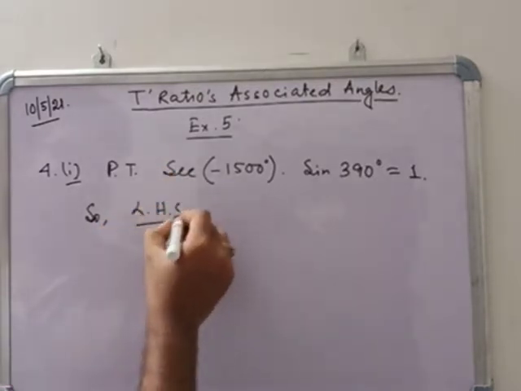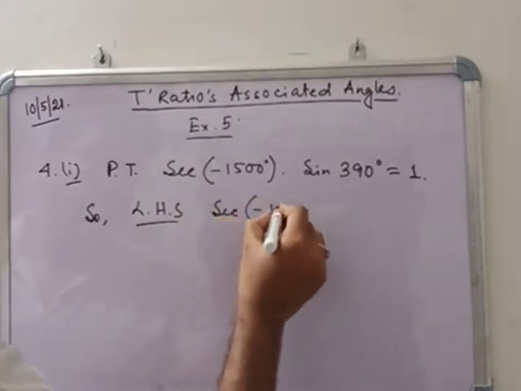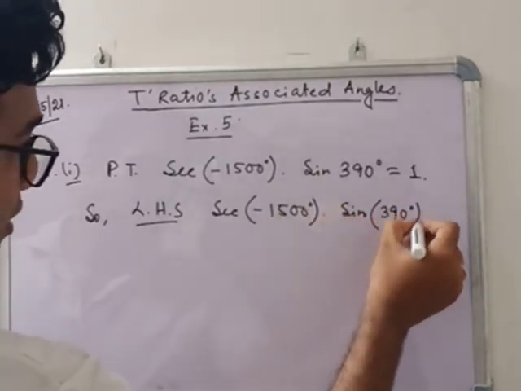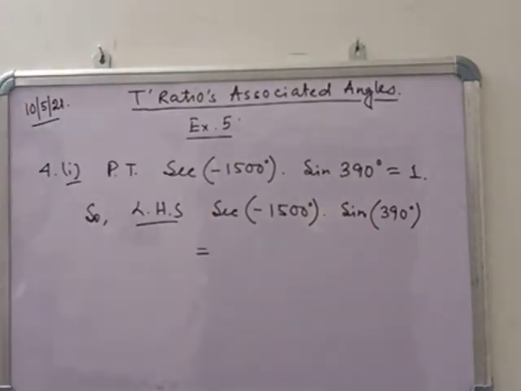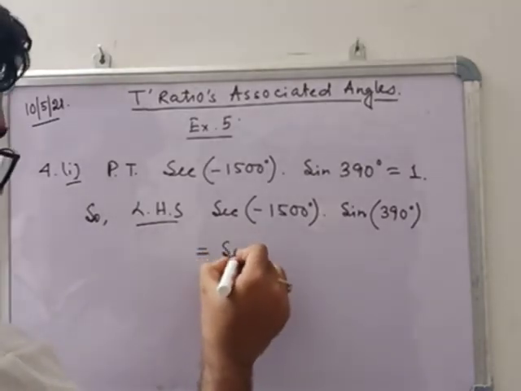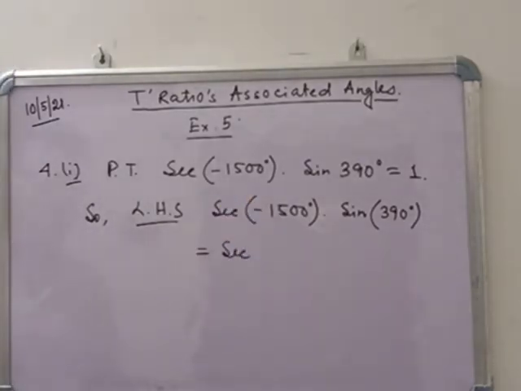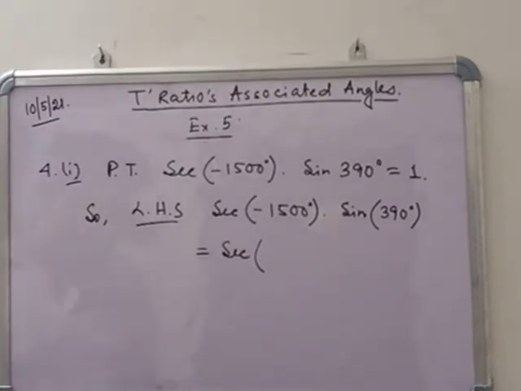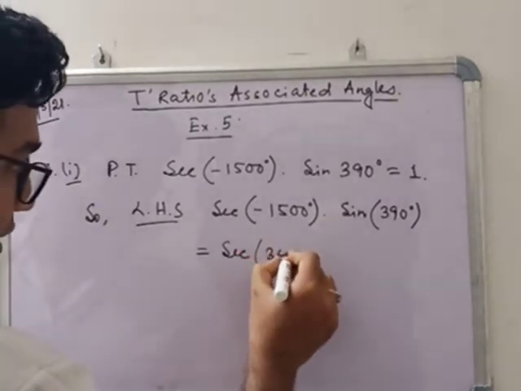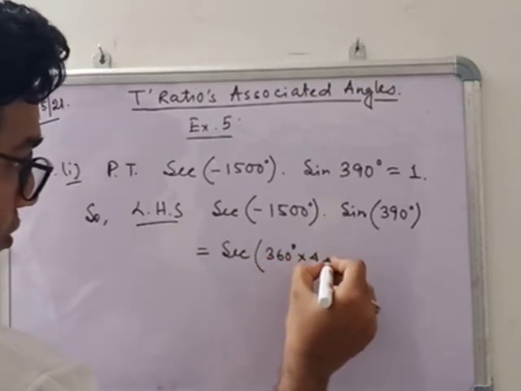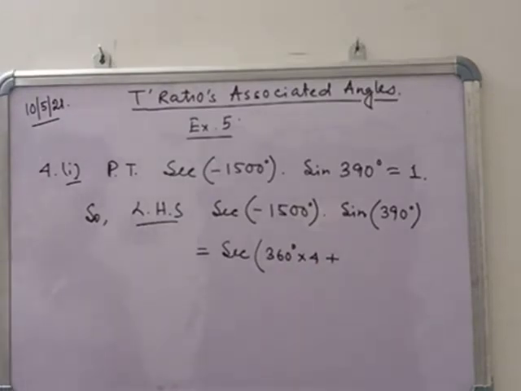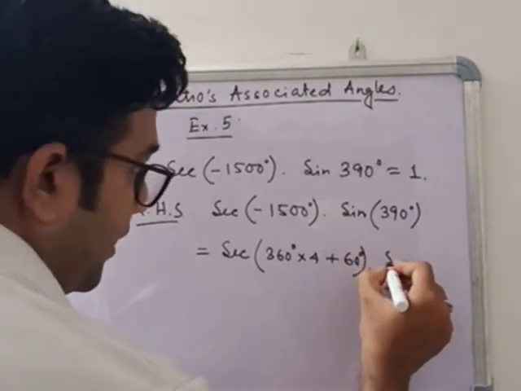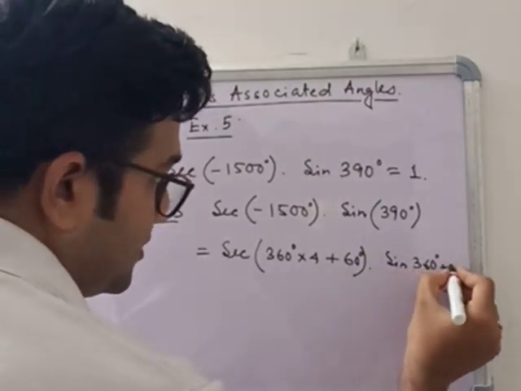LHS: sec of minus 1500 into sine 390 degrees. Since sec of minus theta equals sec theta, I directly write only 1500, which is 360 degrees into 4 plus 60 degrees. And sine of 390 is sine of 360 degrees plus 30 degrees.